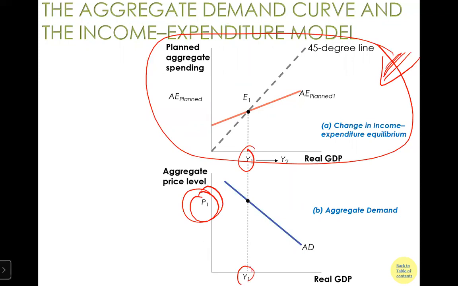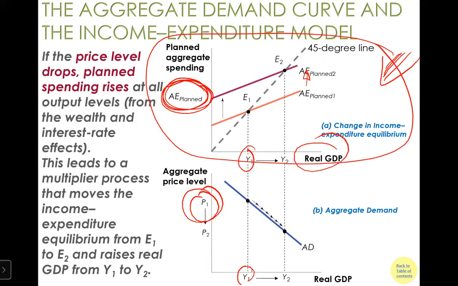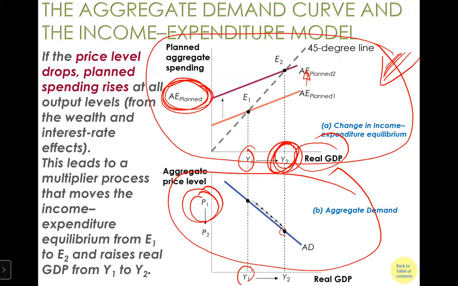Now, if the price level declines, because of the wealth effect and the income effect, the aggregate planned expenditure will go up, and the real GDP will go up. Okay, so go to Y2, and then we put in this diagram in the bottom a new point, right?